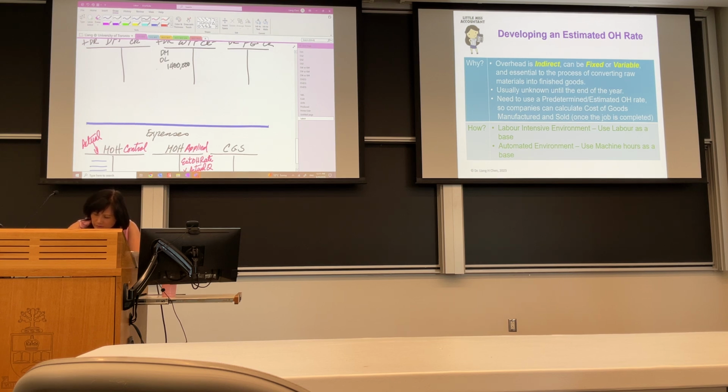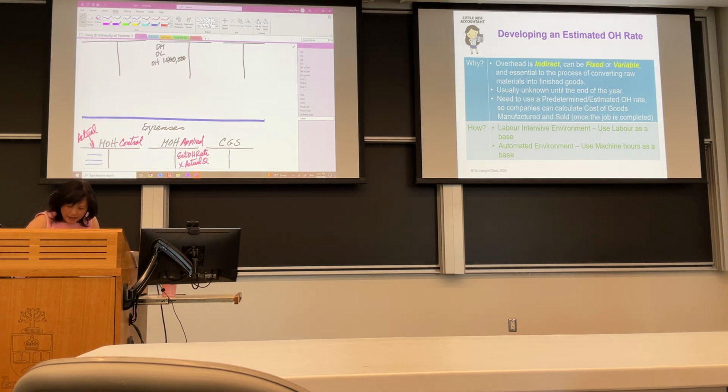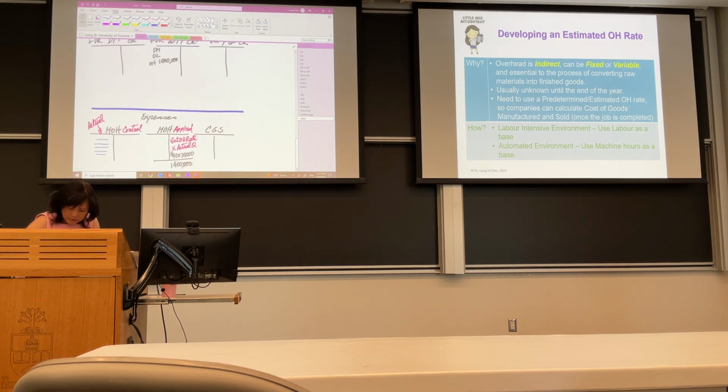Material, direct labor, overhead. So what I do is when I apply, I make it smaller, you can see. Based on the rate, I apply here. But how about this? You don't touch this until the end of the year. I have to do an adjustment.